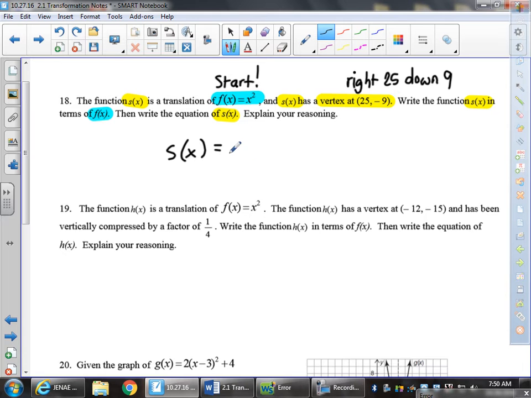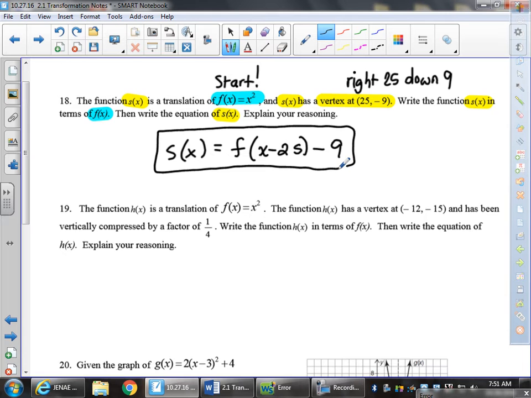Now we're going to write our equation of s of x. S of x equals what? F of x minus 25. That's our right 25, minus 9. And we're done. What's the equation? That will be our equation. That's as far as we can take s of x.